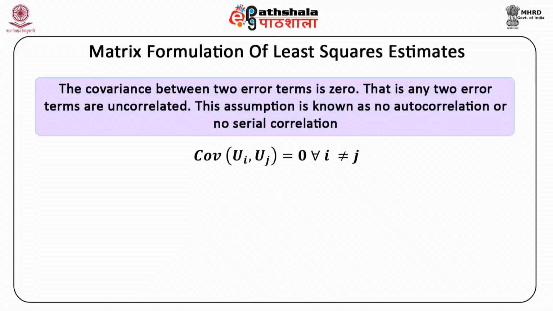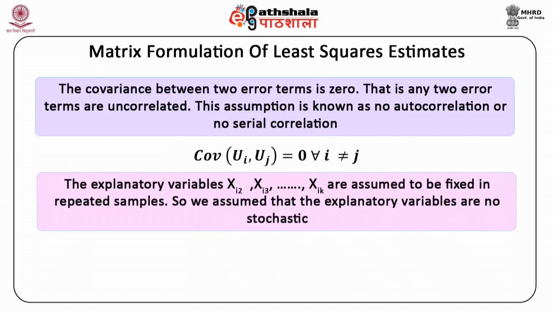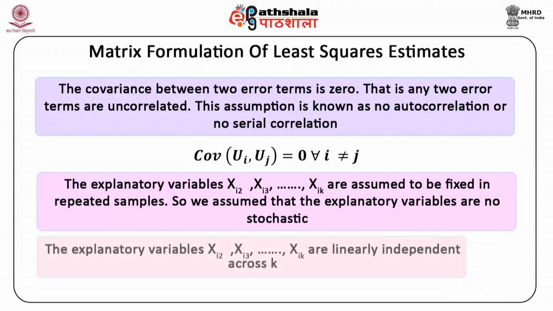The fourth assumption is that the explanatory variables xi2, xi3, up to xik are assumed to be fixed in repeated samples. So we assume that the explanatory variables are not stochastic. The fifth assumption is that the explanatory variables xi2, xi3, up to xik are linearly independent across k.